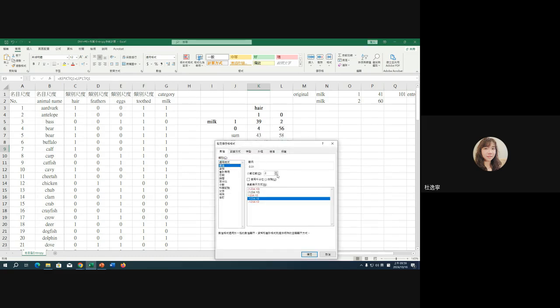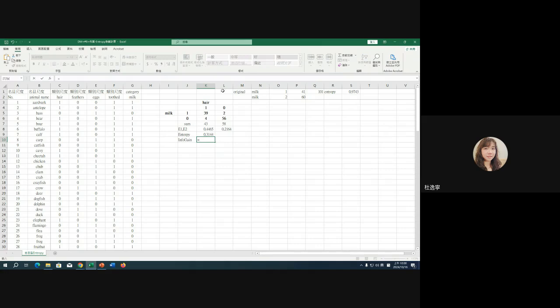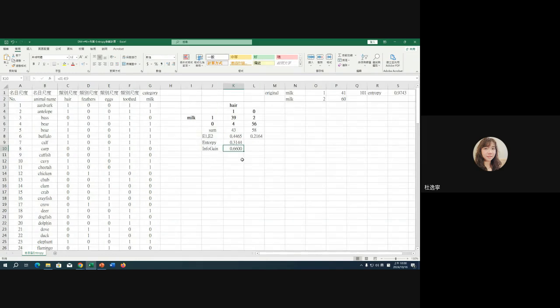But entropy is not the final answer, because we want to get information gain. So I type info gain here, meaning information gain. The information gain will be the original entropy subtract the actual entropy. Then this is information gain. This is the real answer.